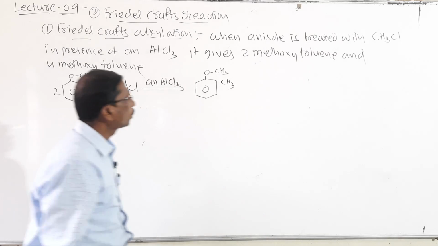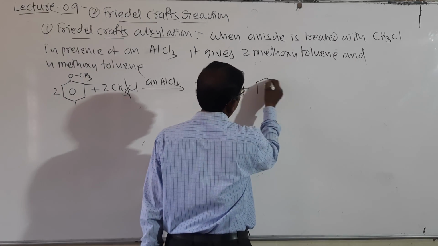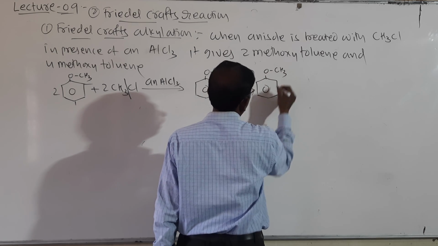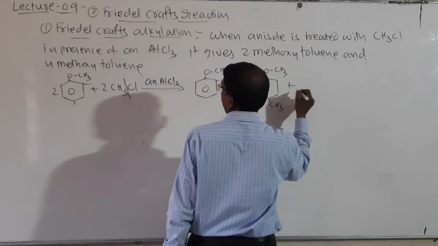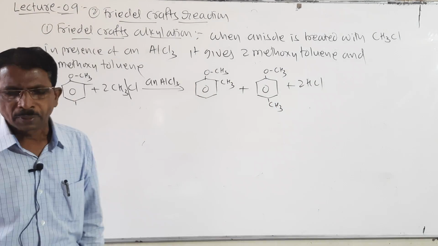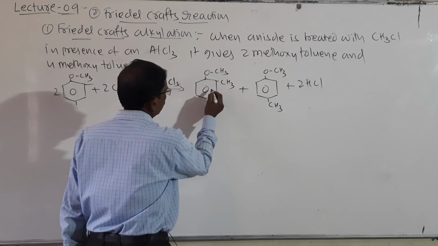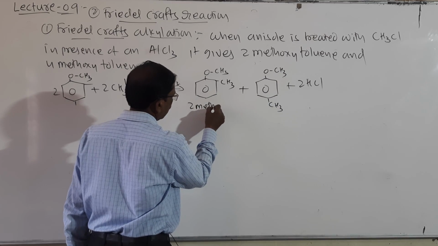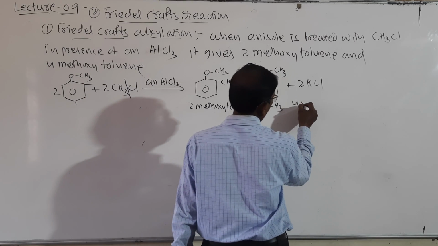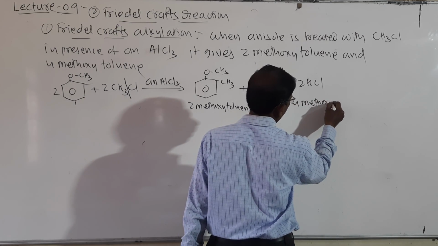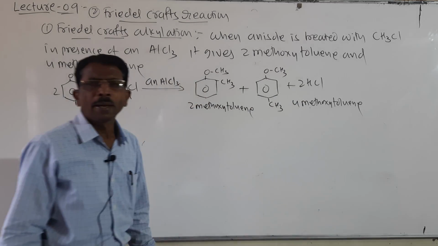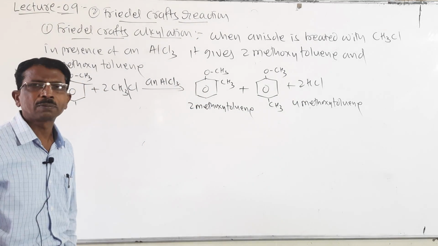It gives ortho plus another one, the para position, OCH3 and CH3 plus HCl. So it is called 2-methoxytoluene, and it is 4-methoxytoluene. It is called Friedel-Crafts alkylation.